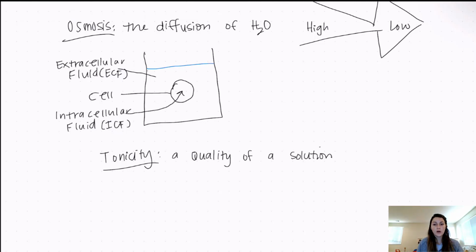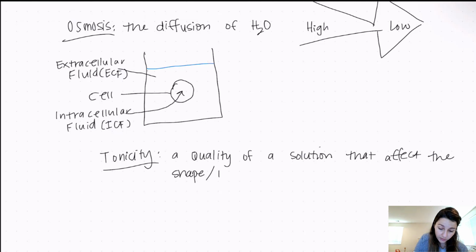A solution is just water with stuff inside, like salt or red Kool-Aid or whatever, that affects the shape or the tone of a cell. So that's tonicity.